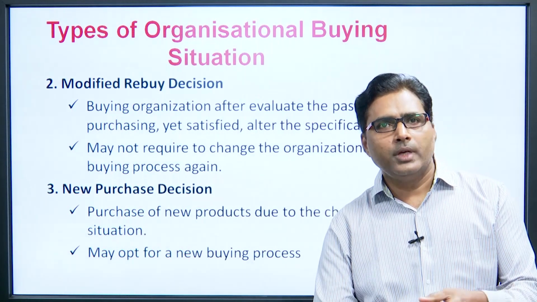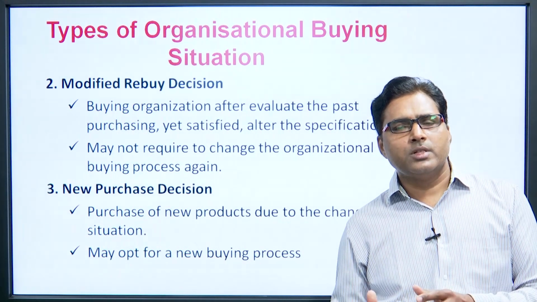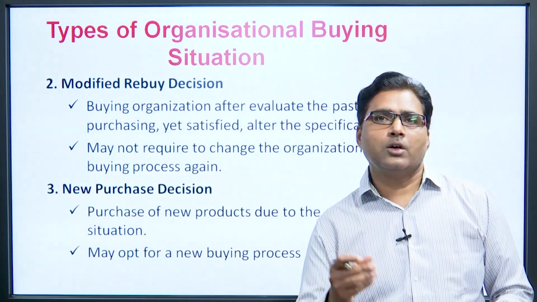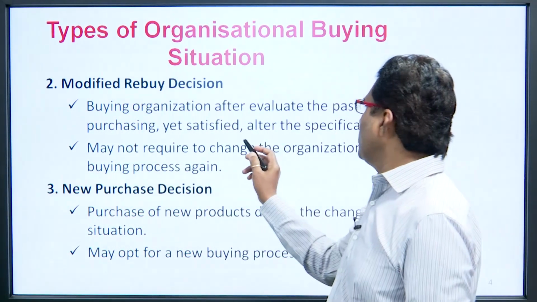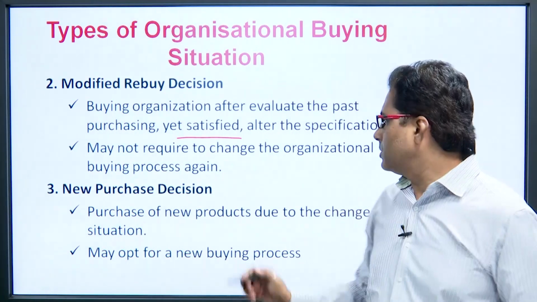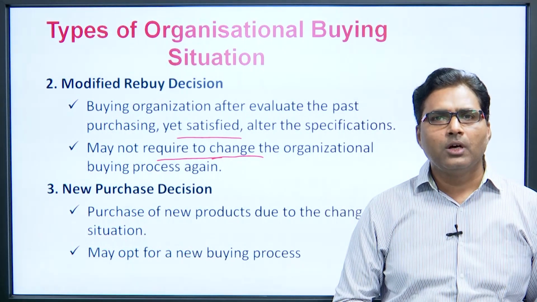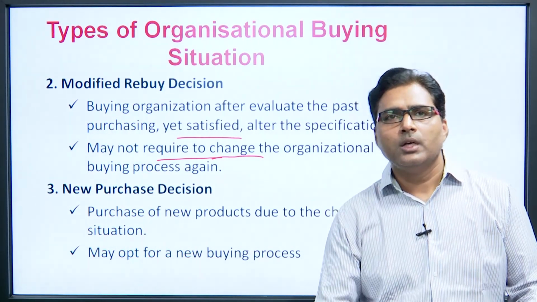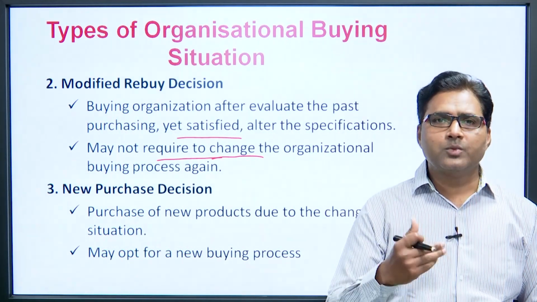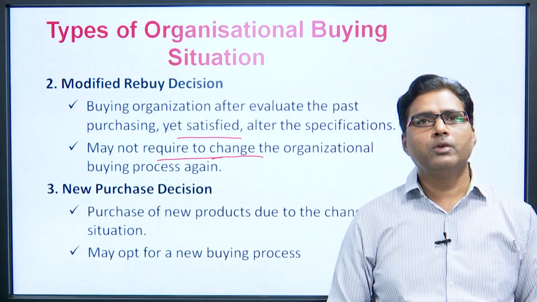Many times customers or buyers may feel that they are not satisfied up to a certain extent, or there may be some alteration due to a change in requirements, a change in the process, a change in technology, or a change in the financial aspect of the organization. So, these are the factors that may affect the modified rebuy decisions.